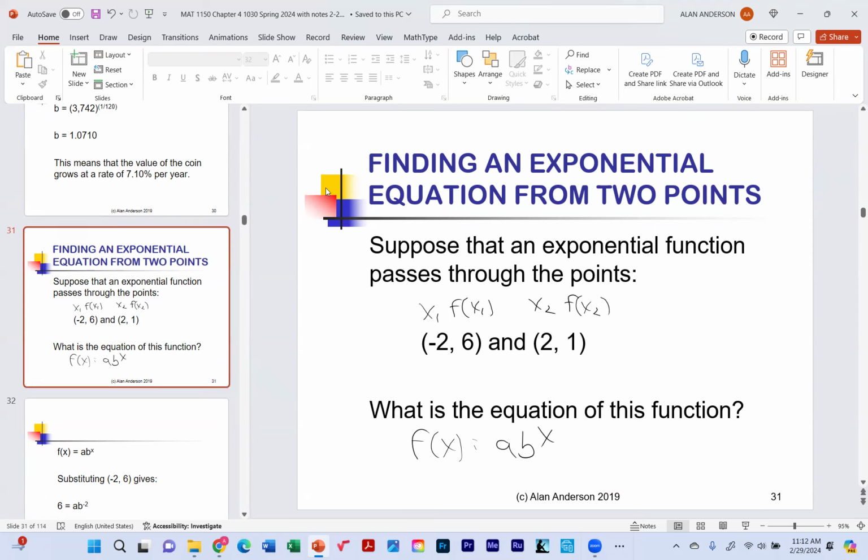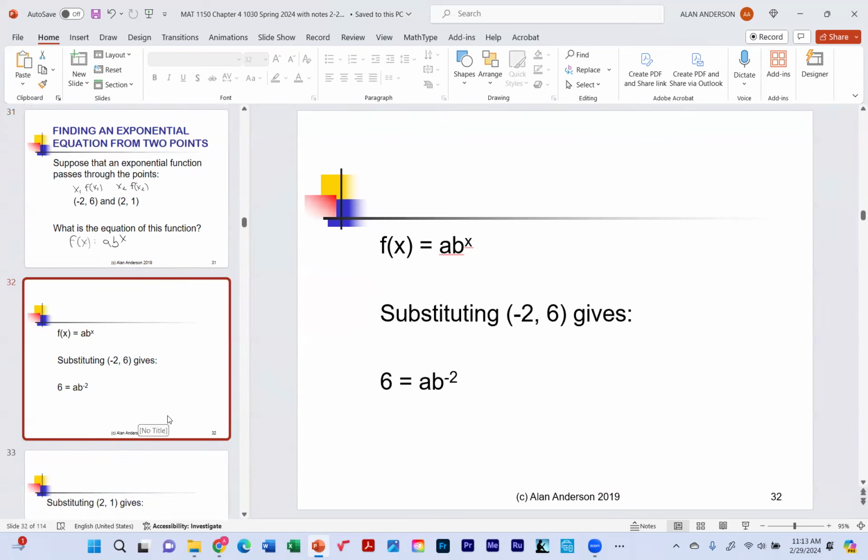So let's plug these into the definition of an exponential function, starting with the first one, -2 comma 6. Remember, this is x, and this is f of x. So we end up with 6 equals ab to the -2 power.